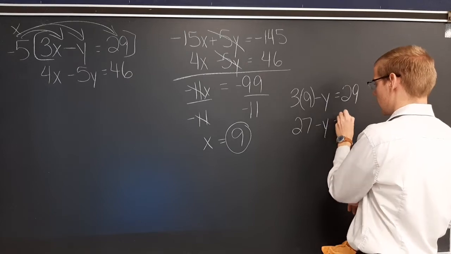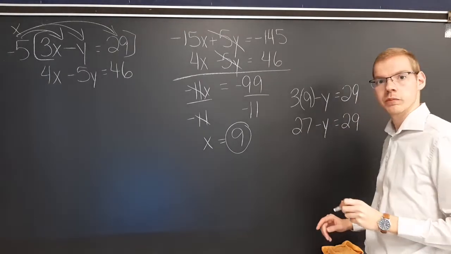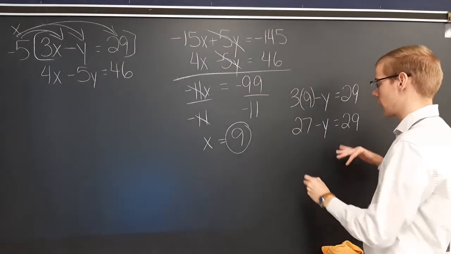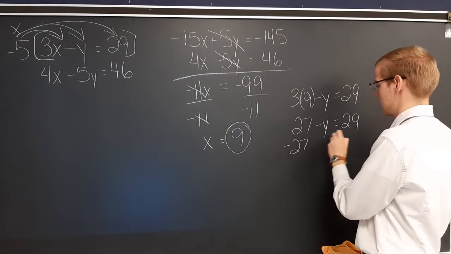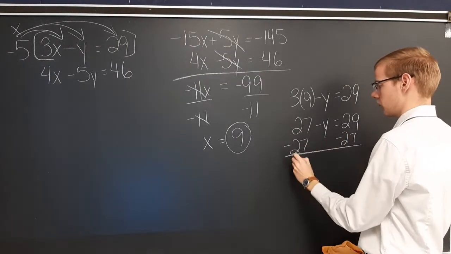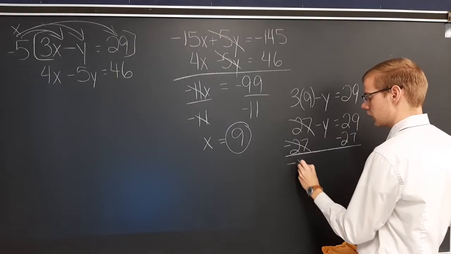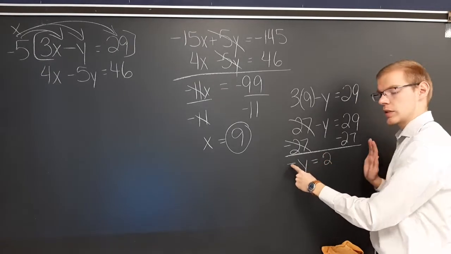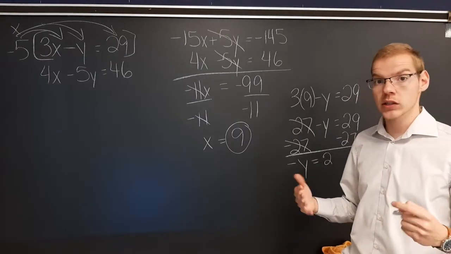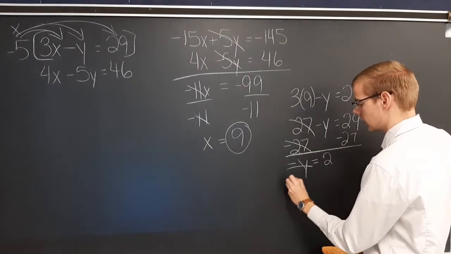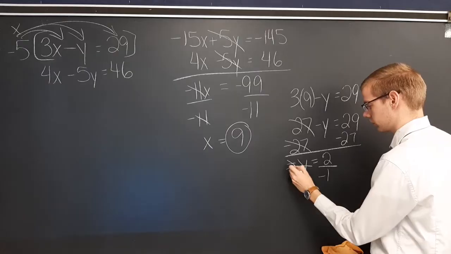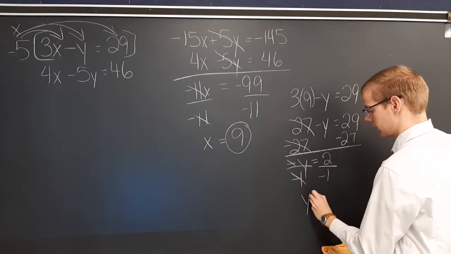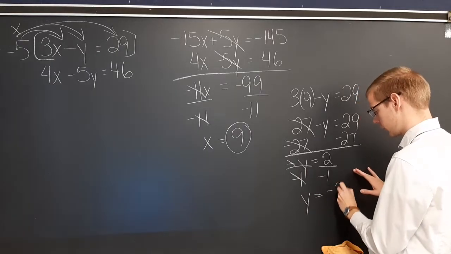Minus y equals 29. And now bring it over to the other side of the equal sign. 27 minus 27, cross each other out. -y equals 2. Now we still have a negative, so we still need to get rid of that one. Basically, divide it by -1. Y equals -2.